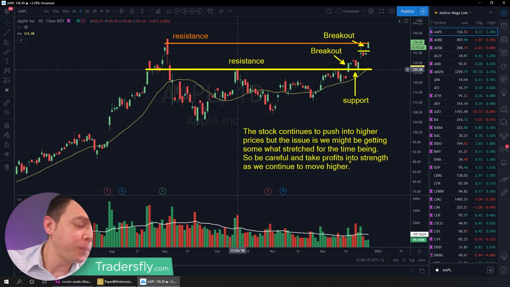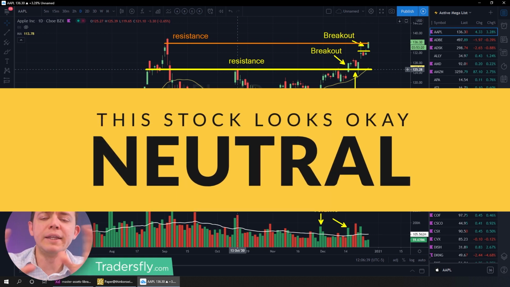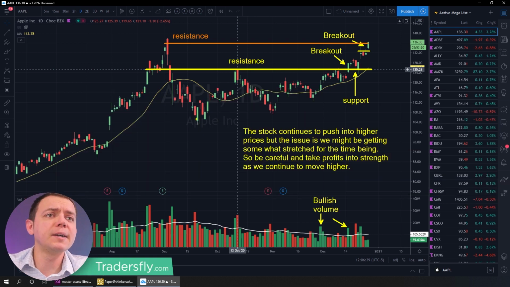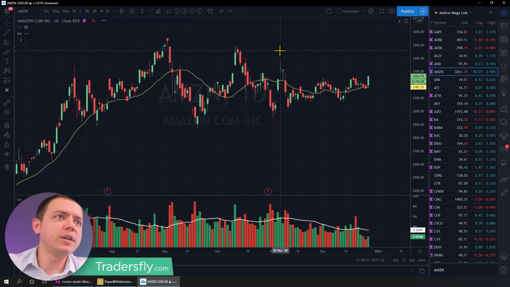So that's what I would do and look at. Just right here, we just continue to push a little bit higher. That's a little bit of a concern. There is some good bullish volume here, so that's a bit of a positive. But beyond that, I would just be a little bit more cautious. So because it's a little more stretched, I'd be a little more neutral in this case with this stock itself.